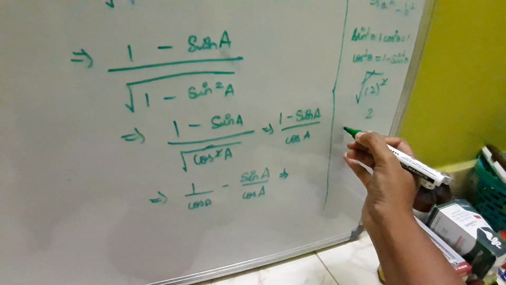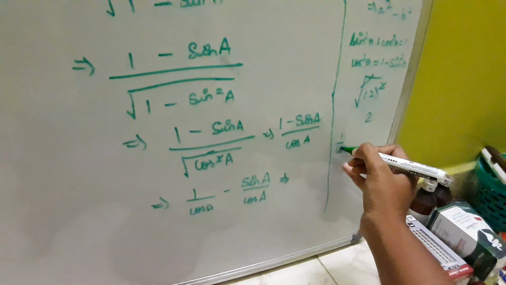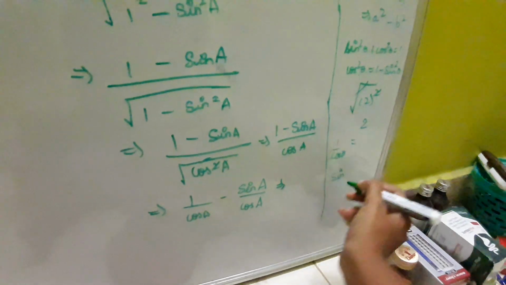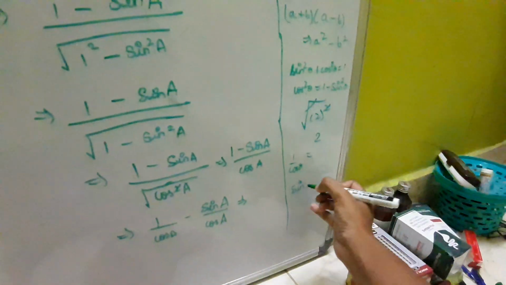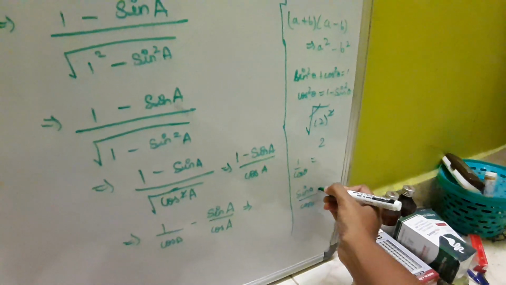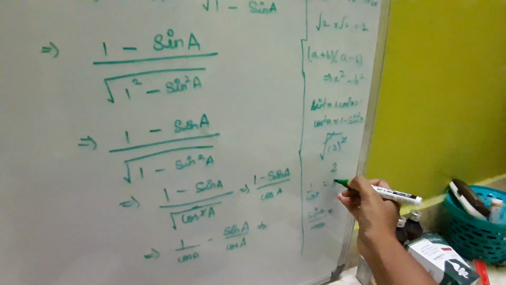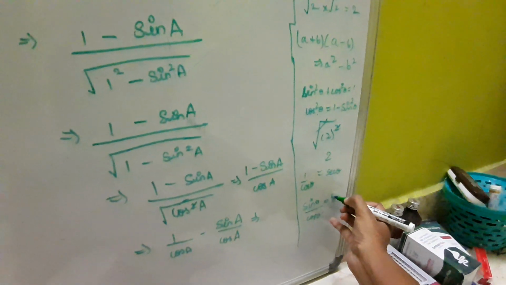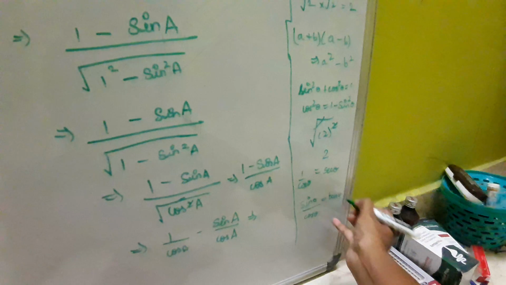We know the 1 by cos theta formula and the sin theta divided by cos theta formula. 1 by cos theta is secant theta. Sin theta divided by cos theta is tan theta.